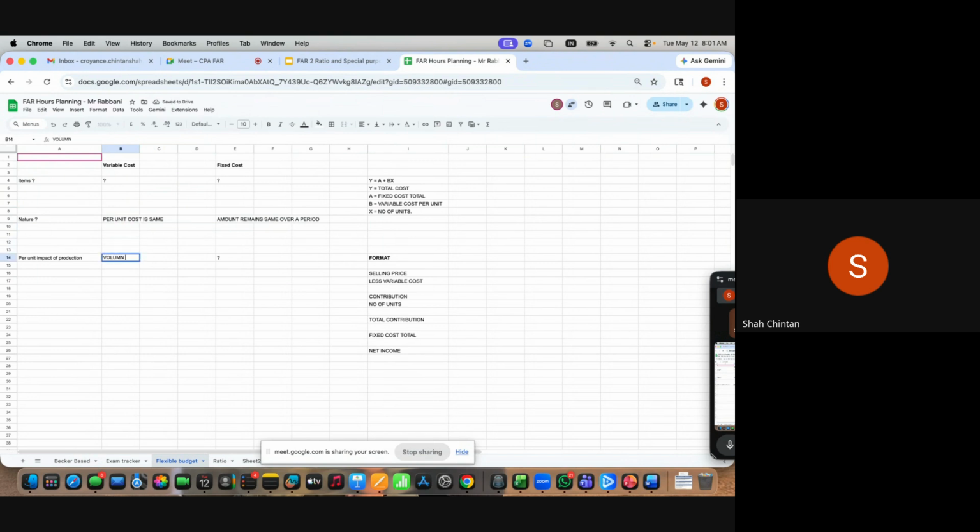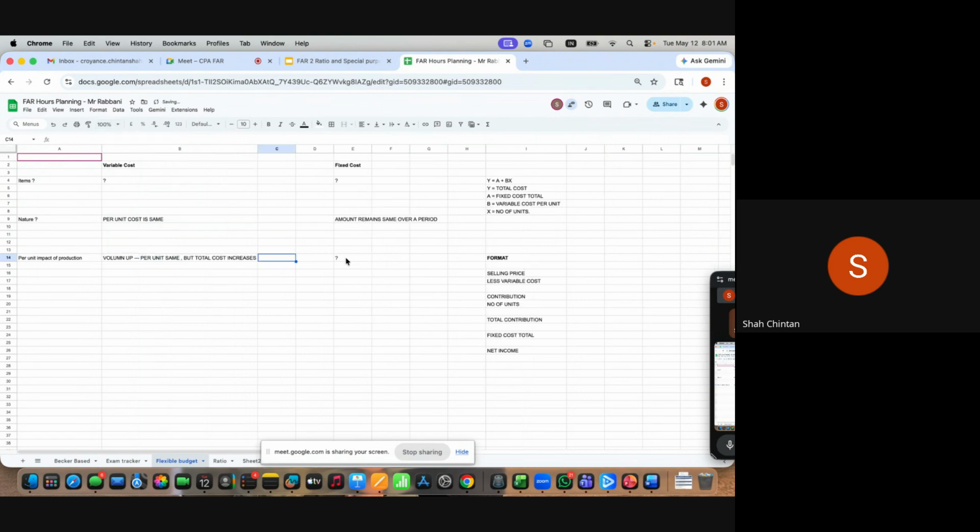As the volume goes up, your per unit remains the same, but your total cost increases. For fixed cost, if volume goes up or down, it doesn't matter, it remains the same irrespective of volume. So if you produce 1 unit or 1 lakh units, rent is going to be the same.